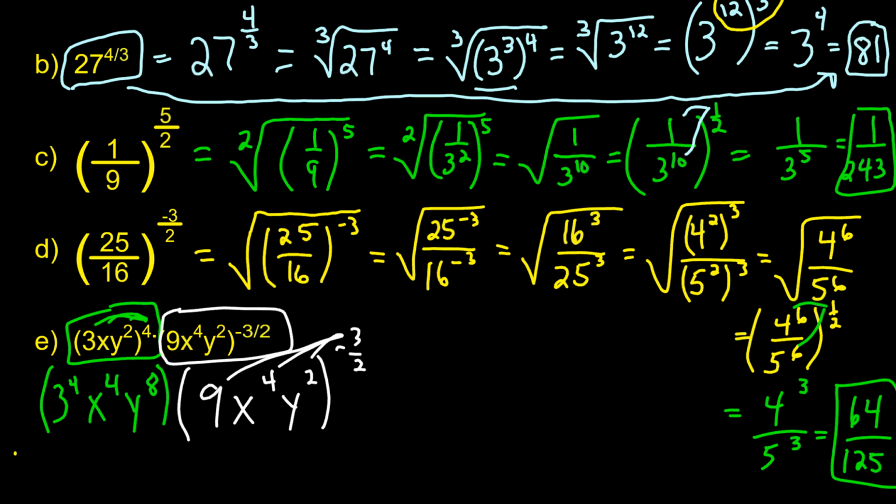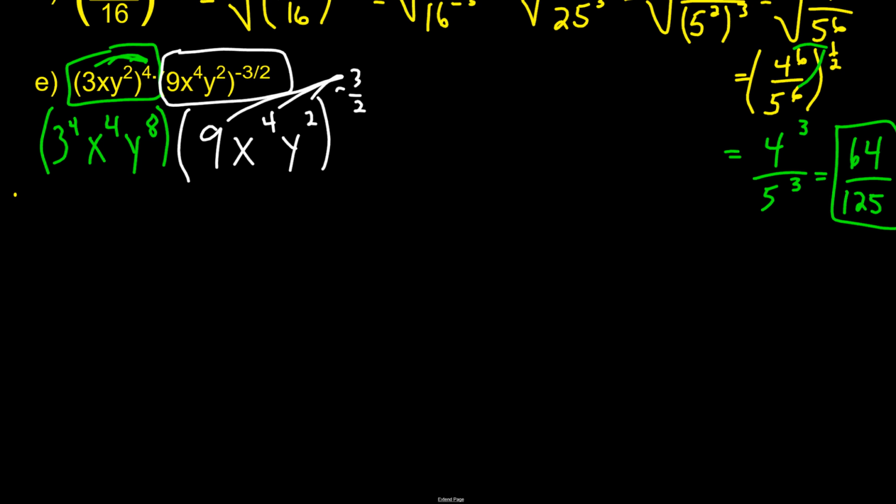And so this ends up being, I'm going to give myself a little bit more room here. So the green part's not going to change. This ends up being 9 to the negative 3 over 2. This would be x to the negative 12 over 2, because 4 times 3 is 12. And this would be y to the negative 6 over 2.